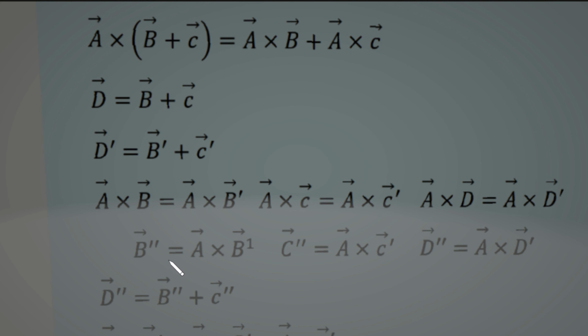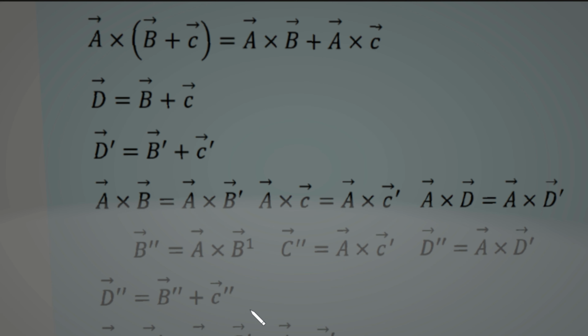B double prime bar is perpendicular to B prime bar, and C double prime bar is perpendicular to C prime bar. Similarly, D double prime bar is perpendicular to D prime bar. Here A is perpendicular to B prime, A is perpendicular to C prime, and A is perpendicular to D prime. So B double prime, C double prime, D double prime lie in the same plane.